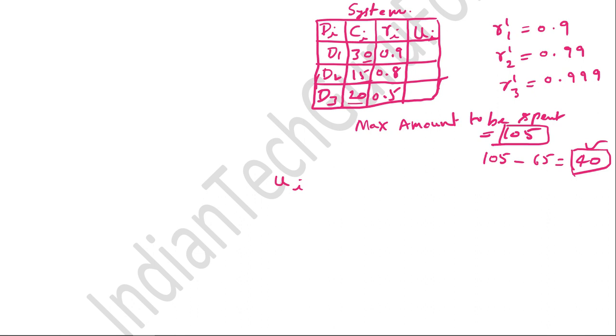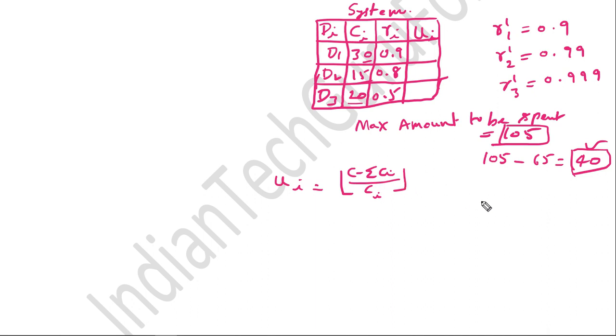The formula to calculate the U_i values is the lower bound of (C minus sigma Ci) divided by Ci. So this is the formula to calculate the upper bound of a particular device.